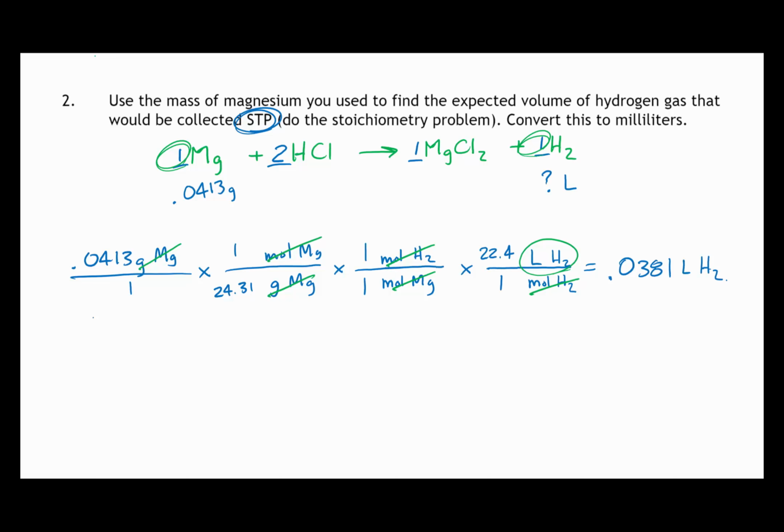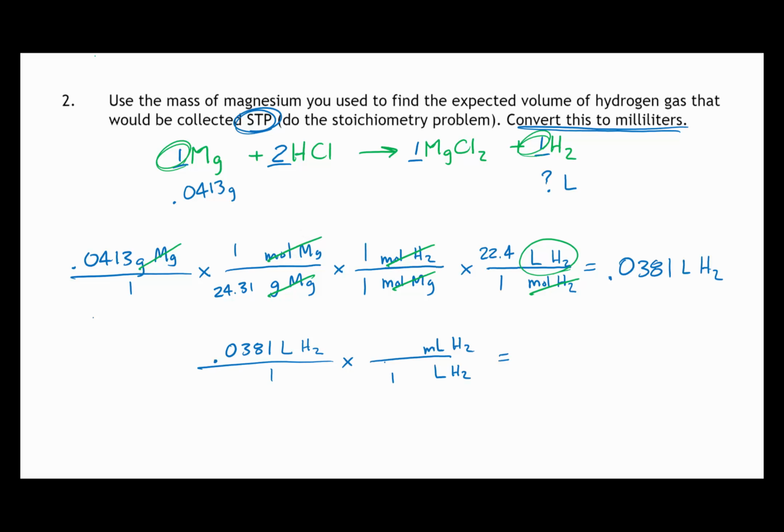I'm not quite done yet because the instructions also wanted me to convert this to milliliters. I'm out of space, so I'm going to do that conversion right underneath here. Liters of hydrogen, and we want to convert that into milliliters. Again, if I can get these units on the bottom, they'll cancel, and if I can get these units on the top, that's what I'll have in my answer.